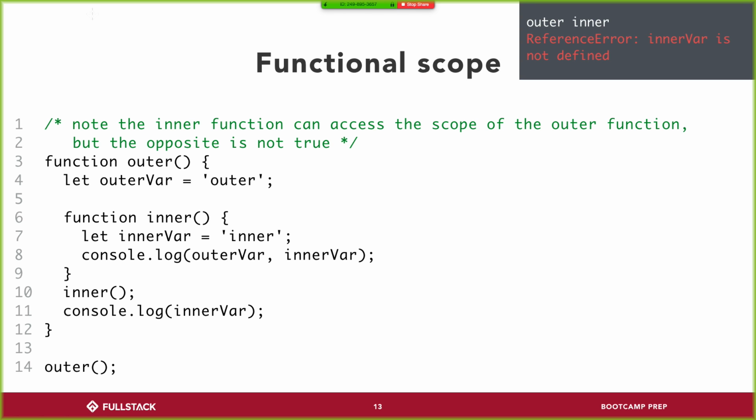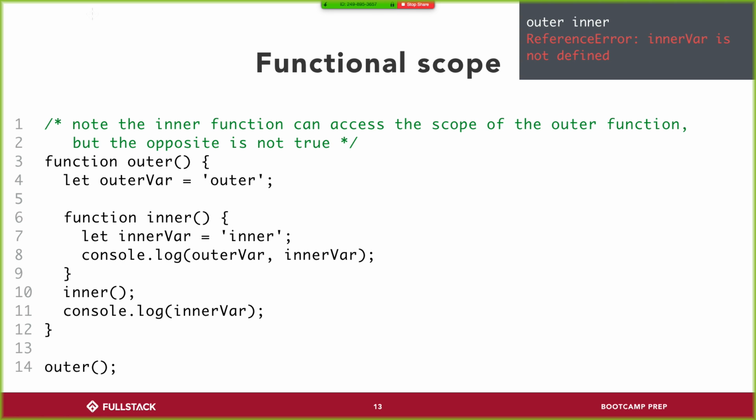So it's an error because we can't look outside in. Inner var is declared within the local scope of the inner function, but outer doesn't have access to that inner function because we can't look outside to inside.